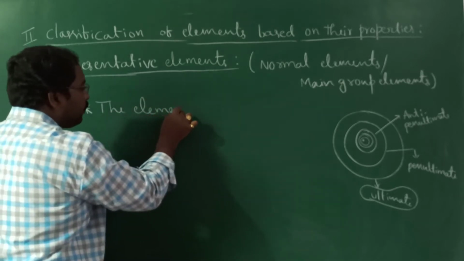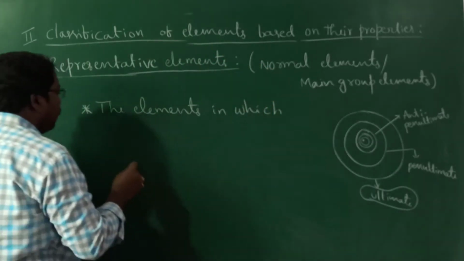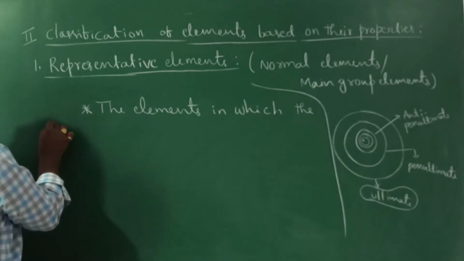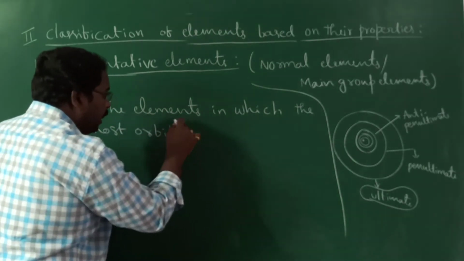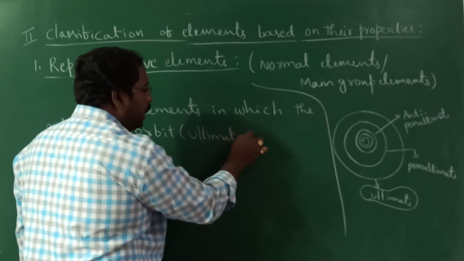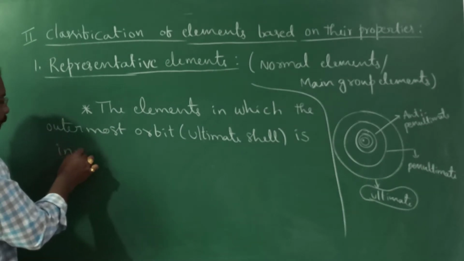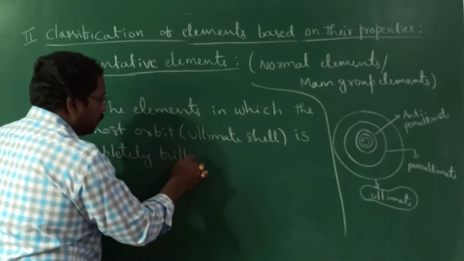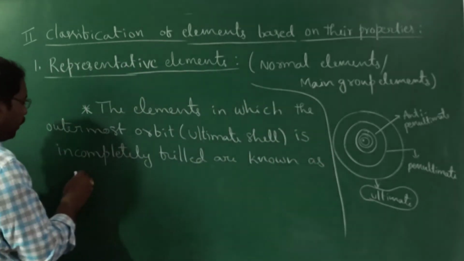The elements in which the outermost orbit, which is generally called the ultimate shell, is incompletely filled are known as representative elements.